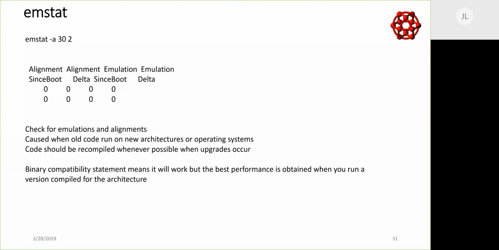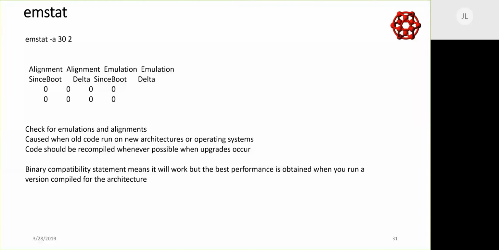IBM has a very strong binary compatibility statement, and what that statement says is that if you have something that works on Power, actually back as far as Power 4, it will work on Power 8 or Power 9, provided it doesn't use certain types of built-in device drivers or hypervisor level commands. You will not see the word performance mentioned in a binary compatibility statement. What people are telling you is it will work.